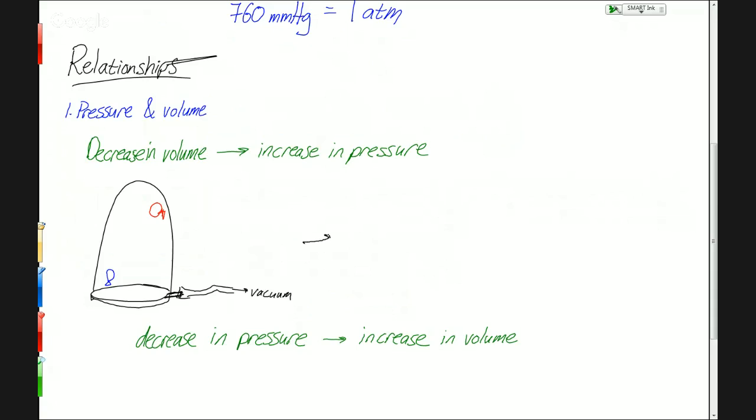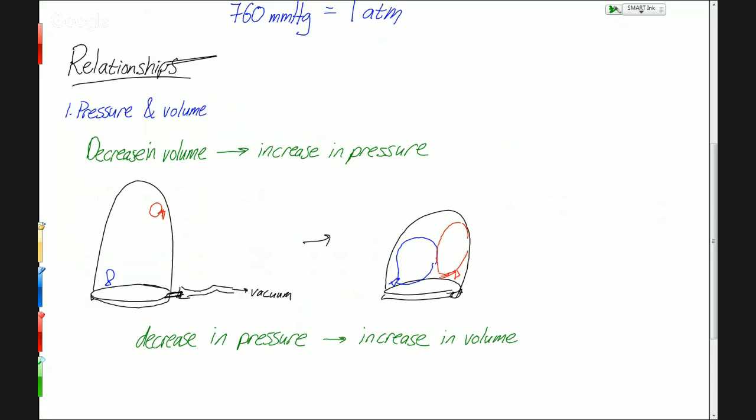So when we do that vacuum, what we see is that the balloons get quite a bit bigger. They squish against each other here.